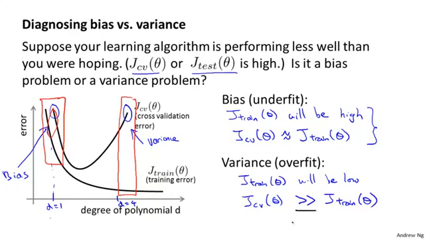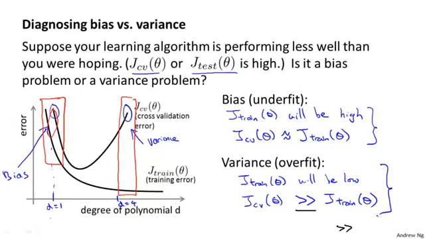So there's a double greater than sign. That's the math symbol for much greater than. It's denoted by two greater than signs. And so if you see this combination of values, that's a clue that your learning algorithm may be suffering from high variance and might be overfitting.